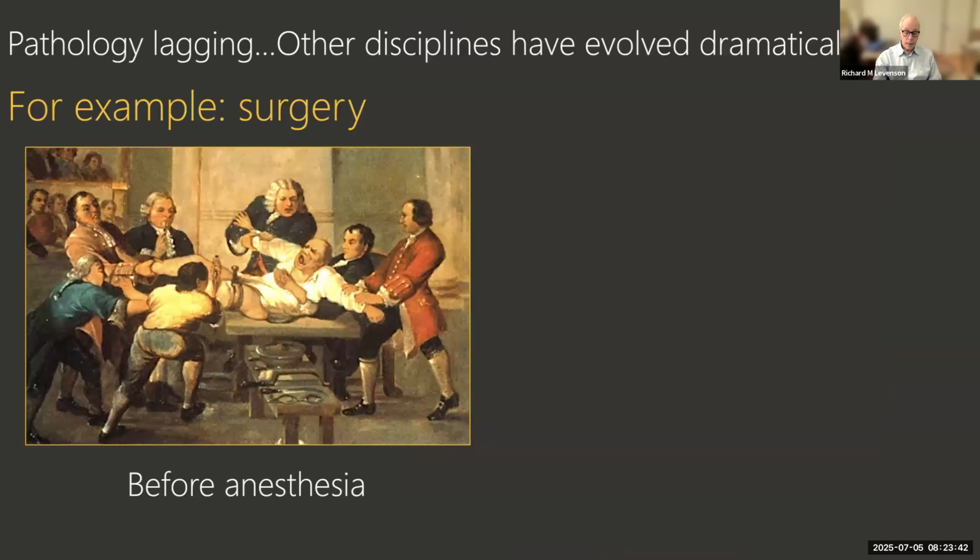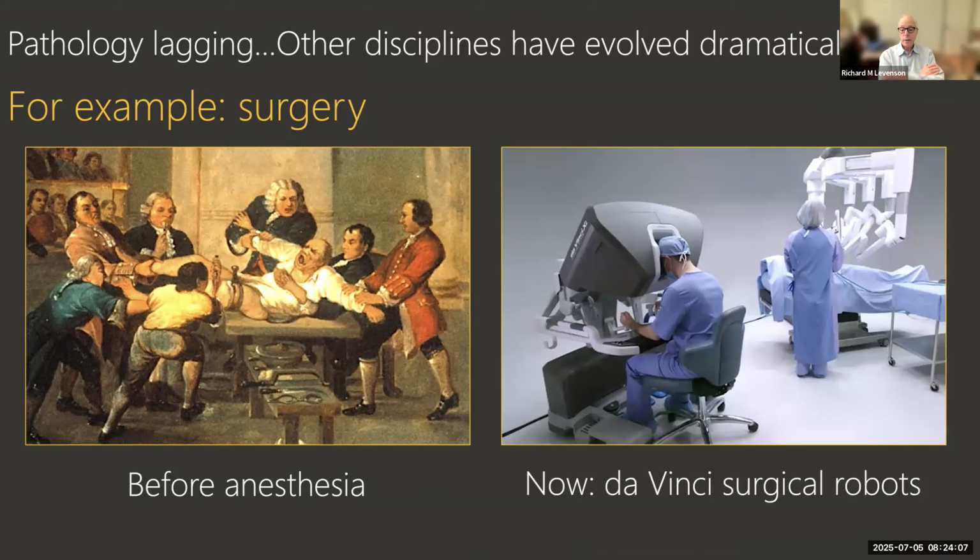So now that's in contrast to what's happened in other medical disciplines. Surgery has progressed a great deal. As you can see here, this was surgery before anesthesia, and it's not something that I would like to be part of on either side of the procedure. A few centuries after that, we have things that look like these.